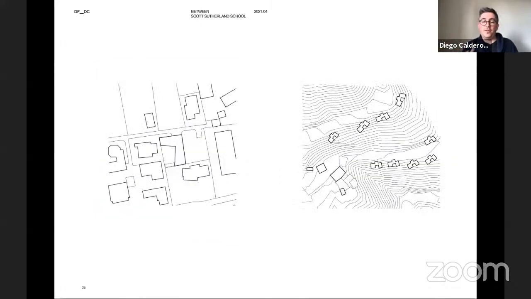So here we were confronted with two quite different ideas. One of them is the Pyramid House, which, even though it's in a super mountainous context, is on relatively flat land.